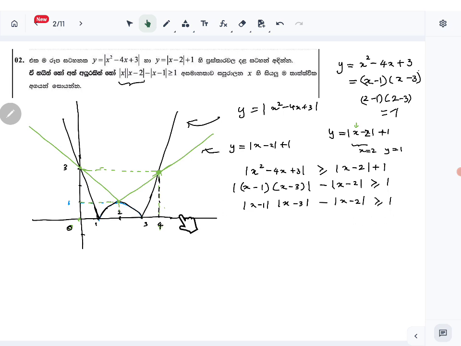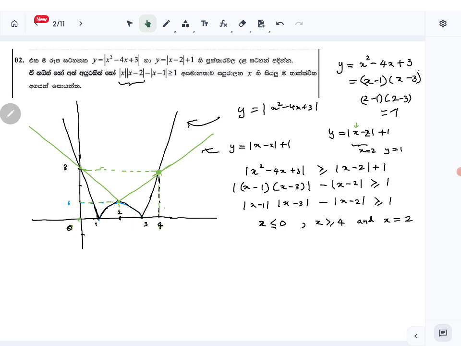This equal sign is also there. No? So this is true when x is less than or equal to 0, or x is greater than or equal to 4, and when x equals 2. That point also you have to keep in mind. At 2 also, this point 2 also you have to include because the equal sign is there. Right.